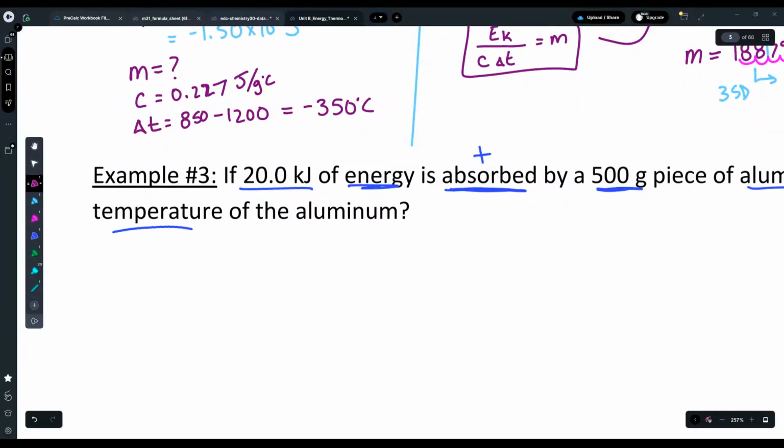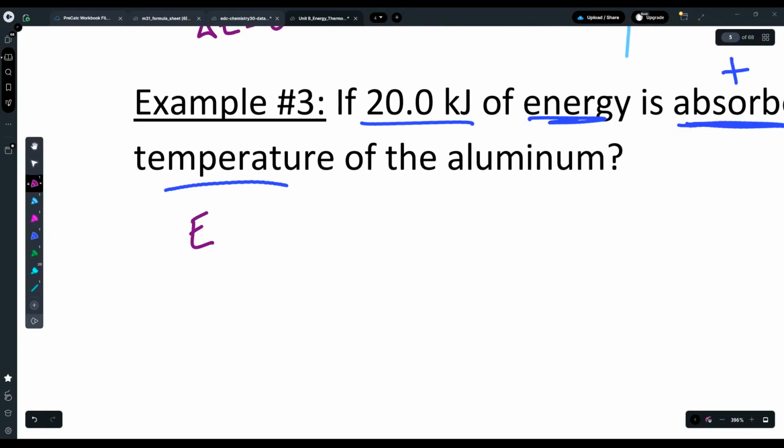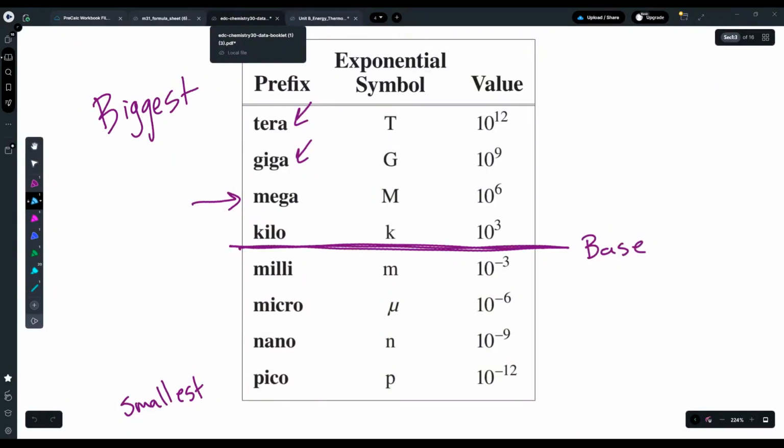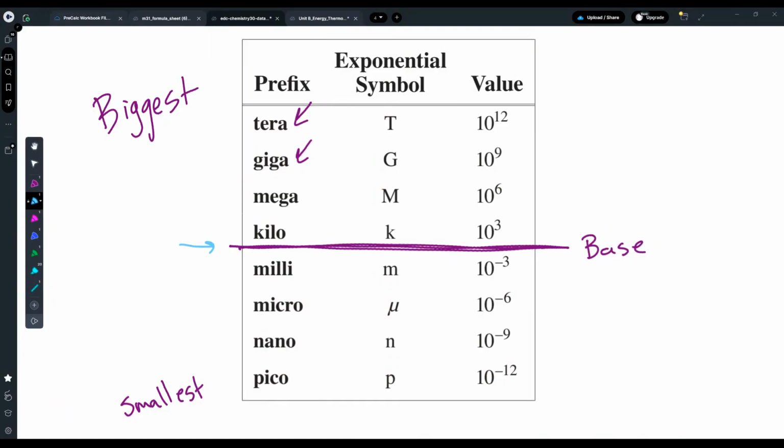All right, so let's write out our list of givens. So EK is 20 kilojoules. Okay, so 20 kilojoules, if you want to do a conversion, so kilojoules is on top, I'm going to put it in the bottom so that they cancel out. Kilojoules is bigger than joules. How I know that is I look here, and our base units are here.